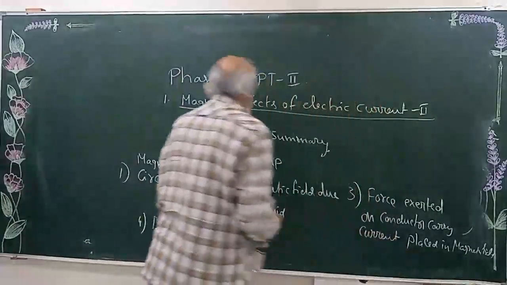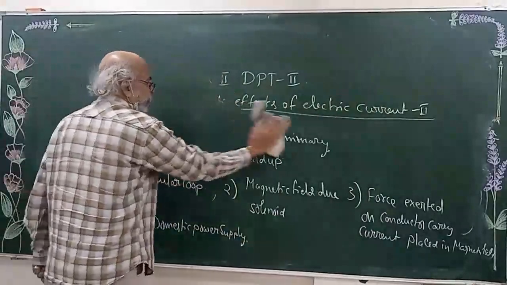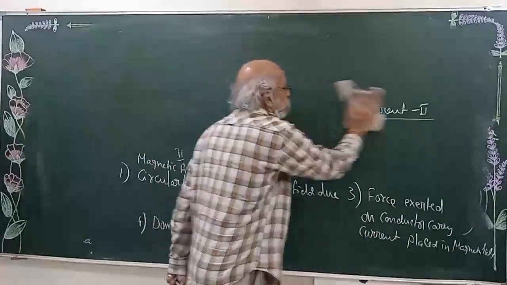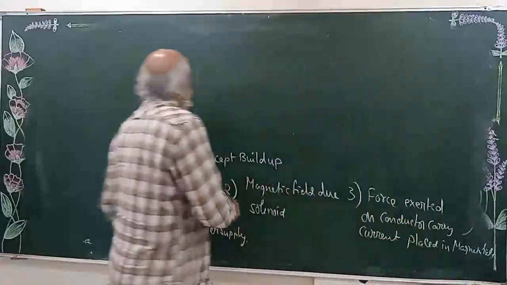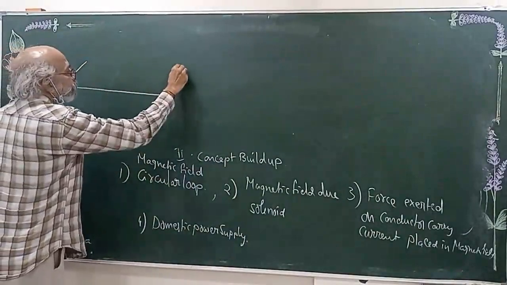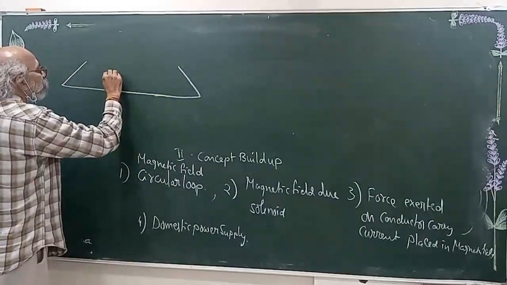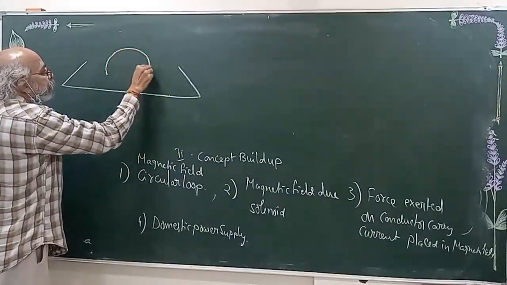So first let us go to this first part, that is circular loop. Actually, we take a thermocol sheet and a circular loop is fixed from the middle.